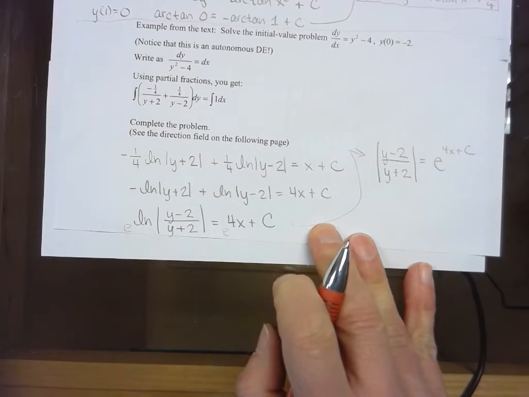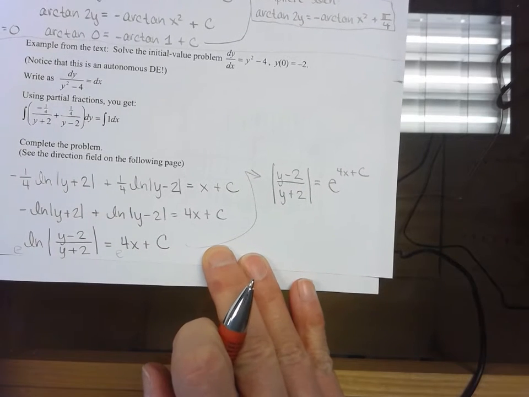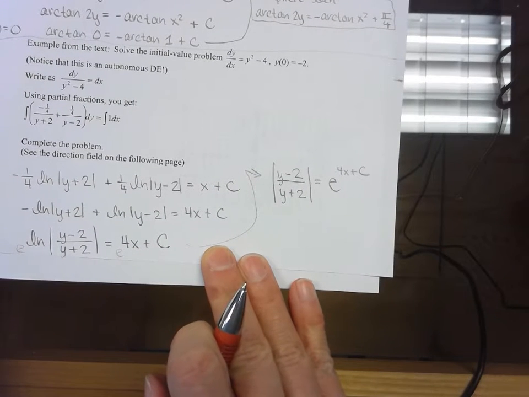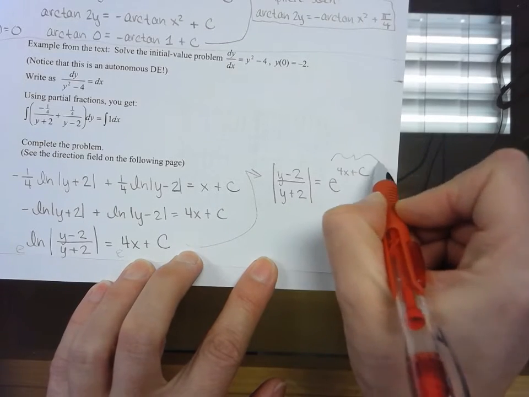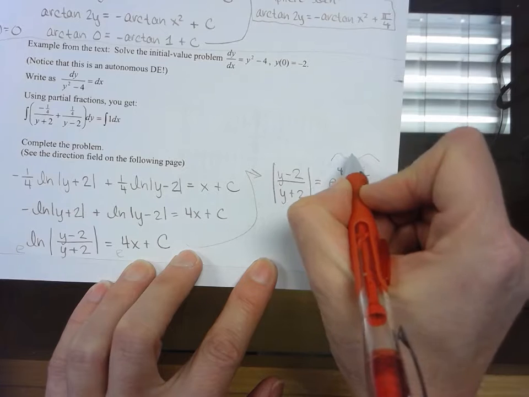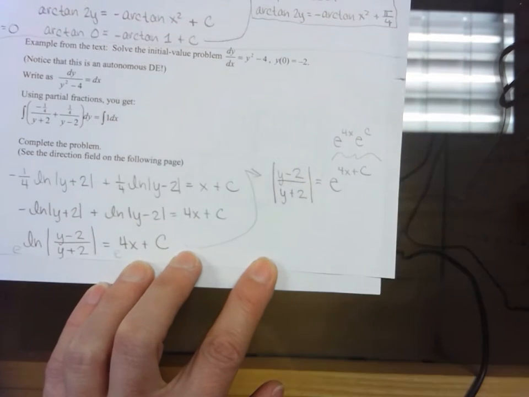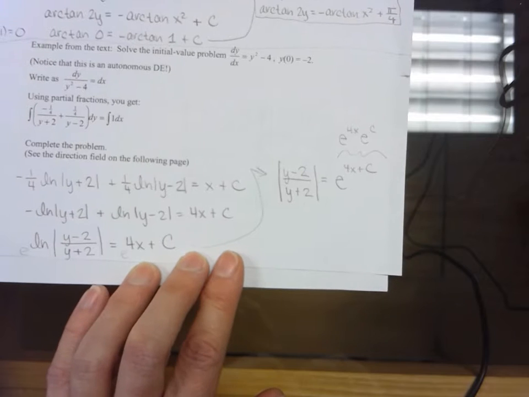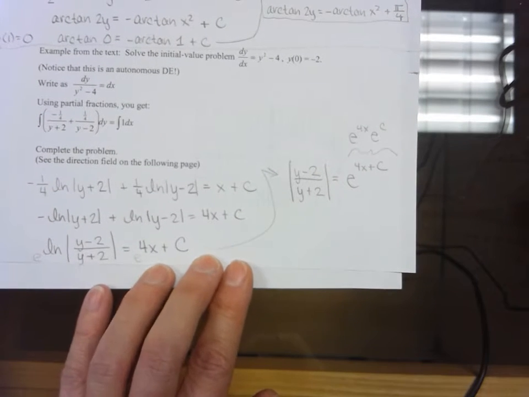And this will come back quite a bit in later sections, that e to the 4x plus c. What you want to do is use the law of exponents kind of in reverse. I want to write this as e to the 4x times e to the c. That's like the addition property for exponents in reverse.